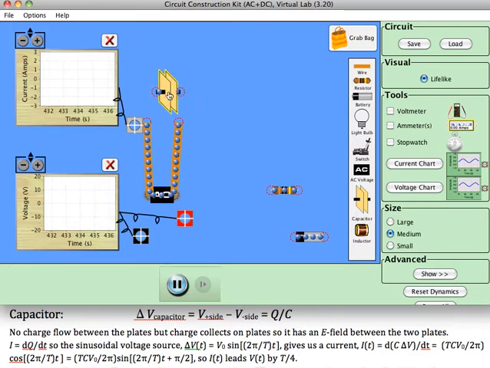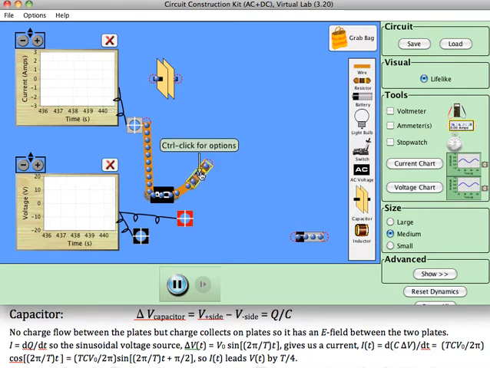Actually, I don't really want to get rid of the resistor. Every circuit has some resistance, so I'll leave it in to remind you of that. If I don't put a resistor in, then the wires have the resistance, and it would be very low, so I don't want to do that on a resistance where I don't know where it is.